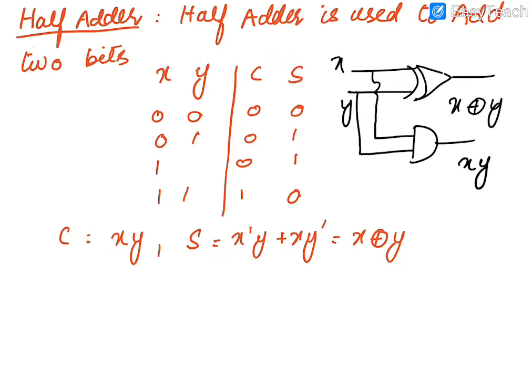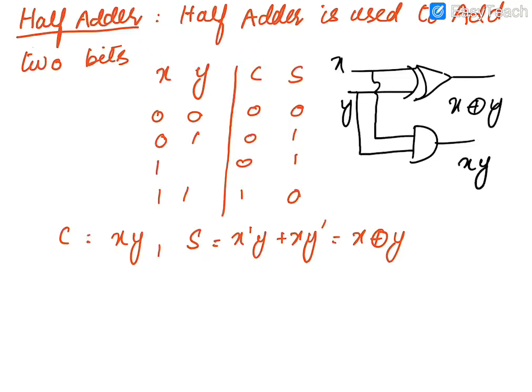First of all, we will cover the first combinational logic circuit, that is a half adder. In the design of any combinational logic circuit, some steps are involved. Number one is that you first define the number of inputs and outputs. The second step is that you write a truth table which will define the logic of your given statement.